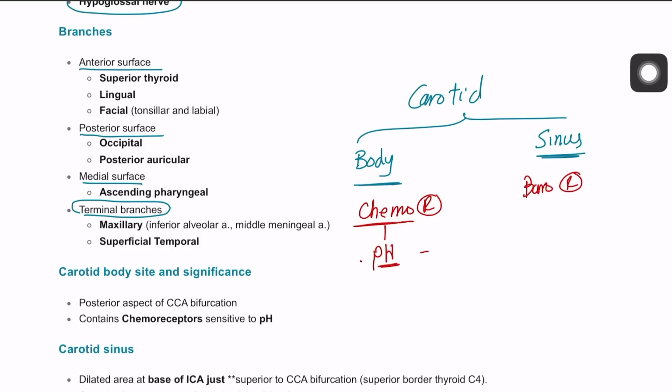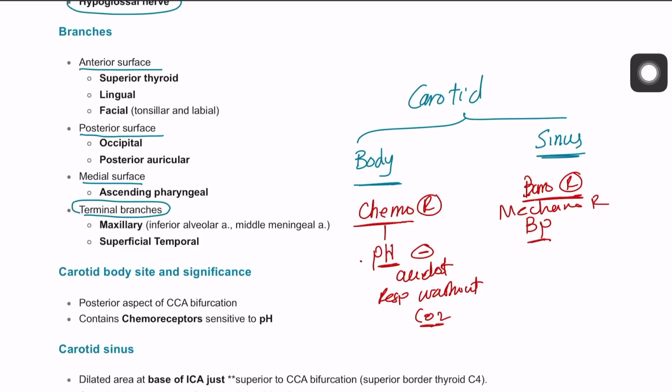So when the pH is low, so that is acidotic, it will stimulate the respiratory system to wash out carbon dioxide. The baroreceptor, baro means blood pressure, or mechanoreceptors. So when there is hypotension in sepsis patients or hypovolemic shock, the baroreceptor will lead to production of vasoactive substance to lead to vasoconstriction of the arteries.